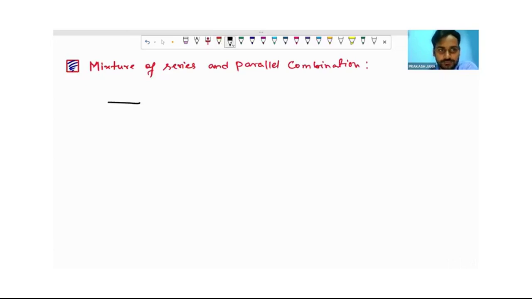So suppose this is a capacitor. Here we have a capacitor. Here we have one more capacitor, and I add here one more capacitor.